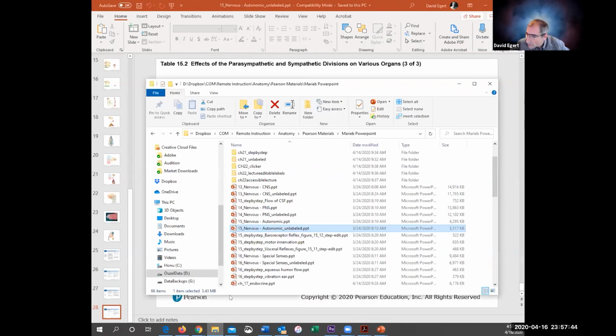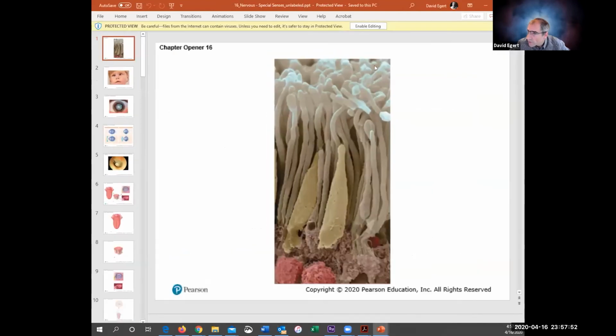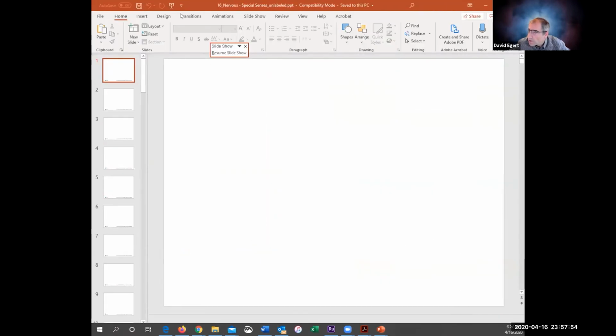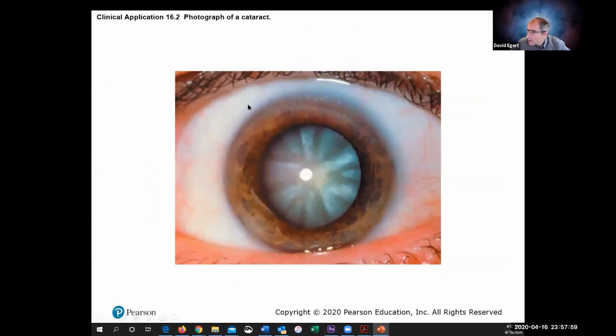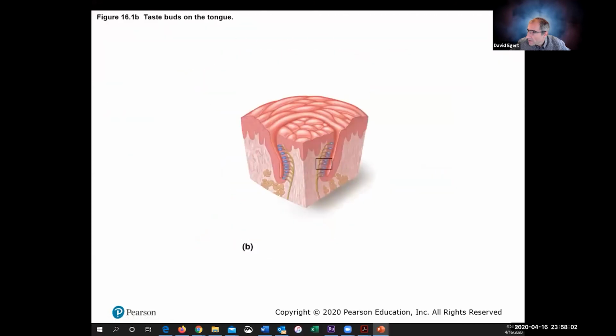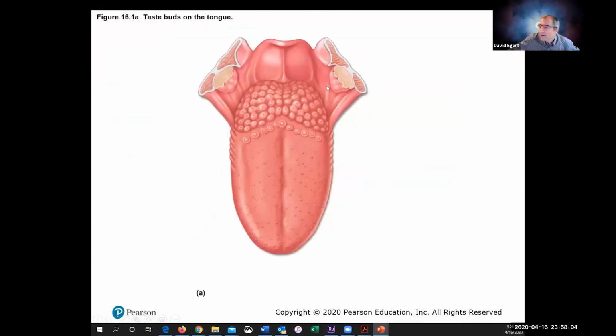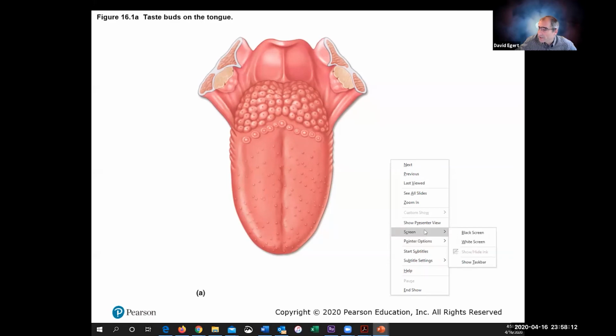If we go to the tongue, did anybody actually look in the mirror, or look down if there's anybody you're sheltering in place with, have them stick out their tongue and try to find the circumvallate papillae?